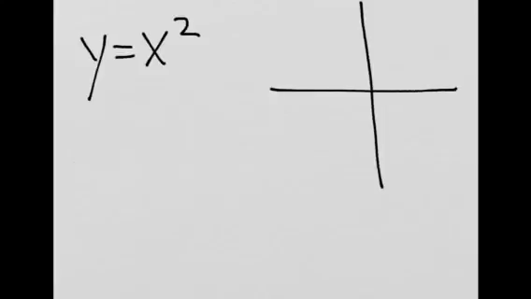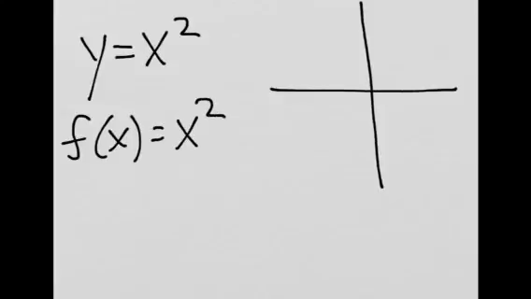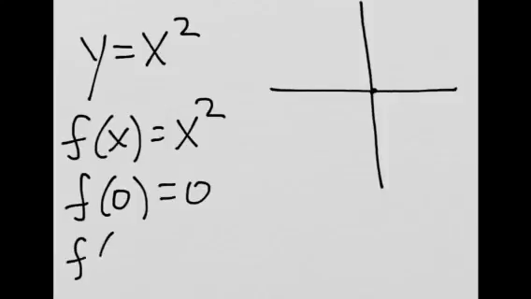So what you start to do, you realize that f of x equals x squared is a good way to approach this. So let's plot f of 0. What would f of 0 be? Well, it would be 0. There's 0 right there. Let's plot f of 1, and f of 1 would be 1. So that means x is 1 and y is 1.